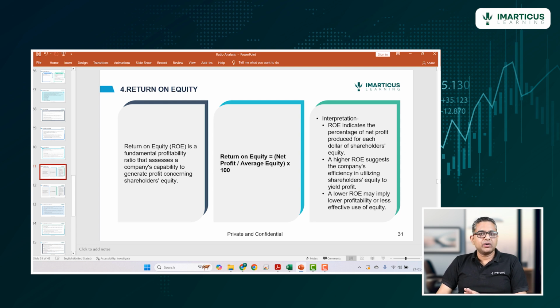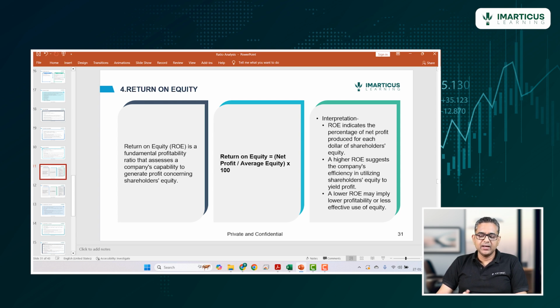Now, because we are talking about equity, in the numerator we are taking net profit, because net profit is what belongs to shareholders, since we have already taken the impact of interest or debt out.